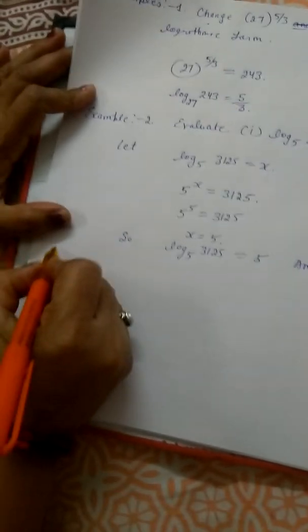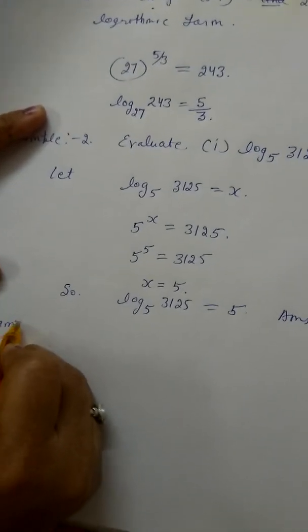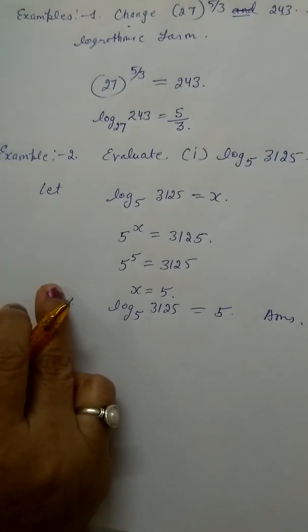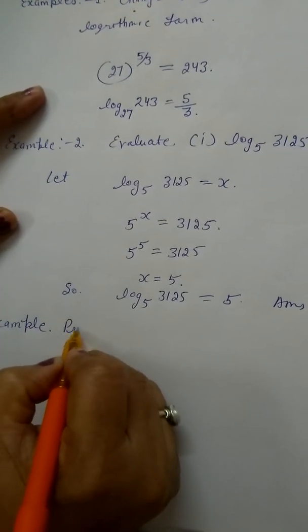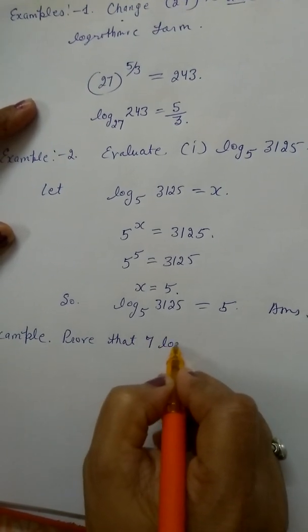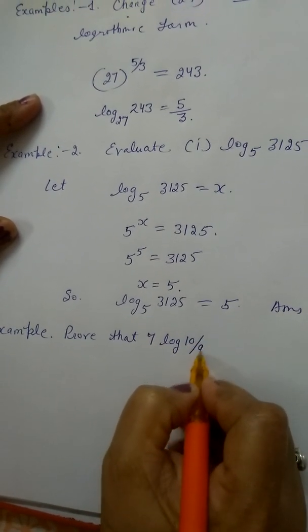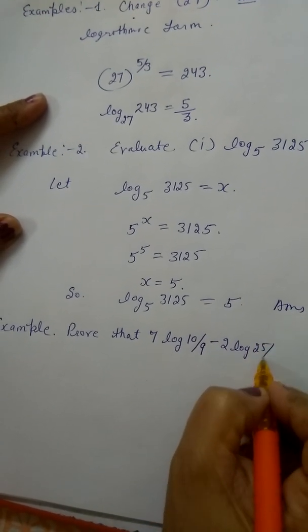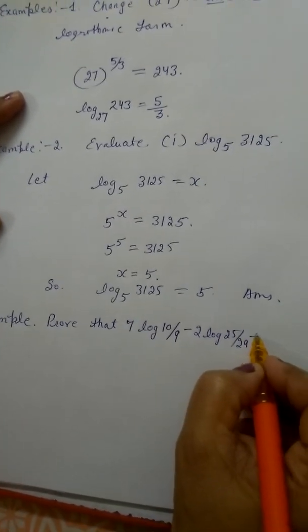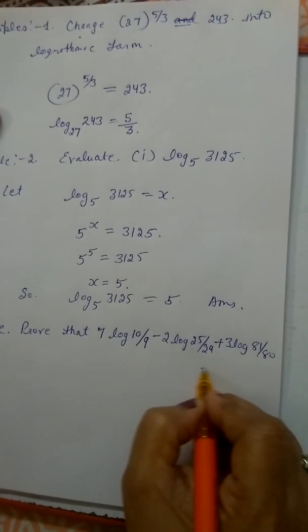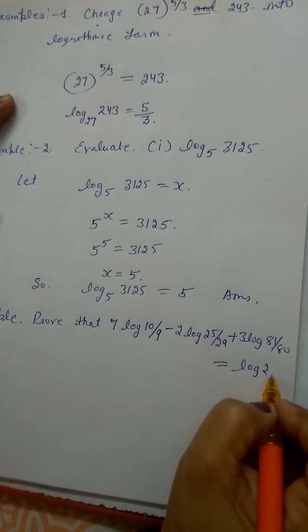Now next example. Prove that 7 log(10/9) minus 2 log(25/24) plus 3 log(81/80) equals log 2.